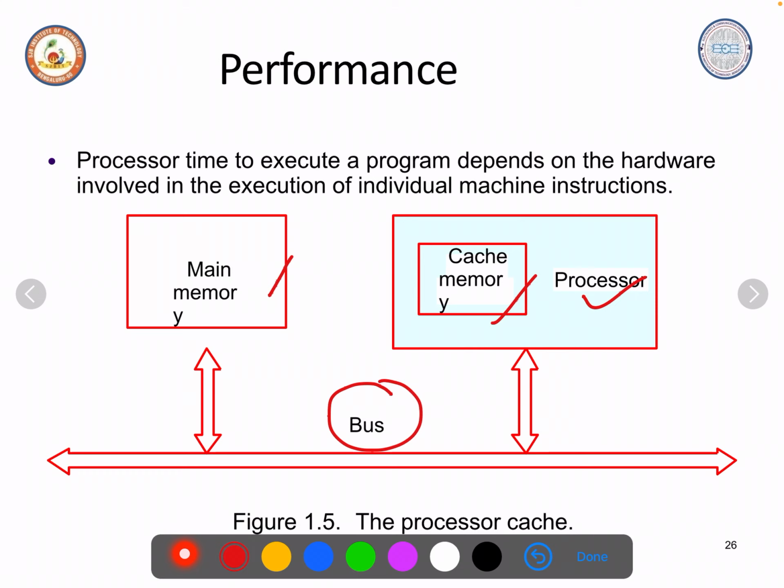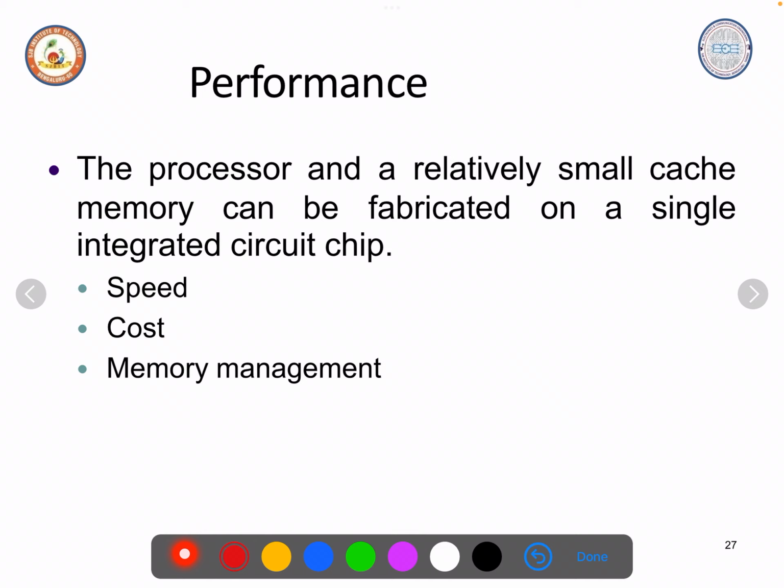The processor time to execute the program majorly depends upon the hardware which is involved in executing individual machine instructions. So the processor and a relatively small cache memory can be fabricated into a single integrated circuit chip.